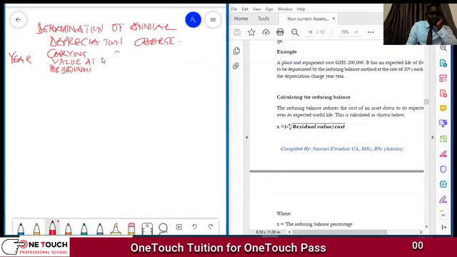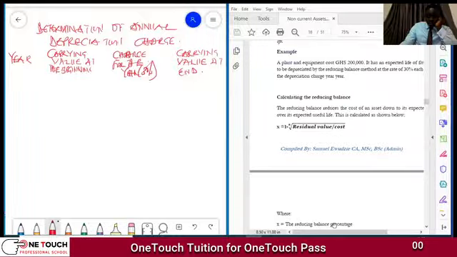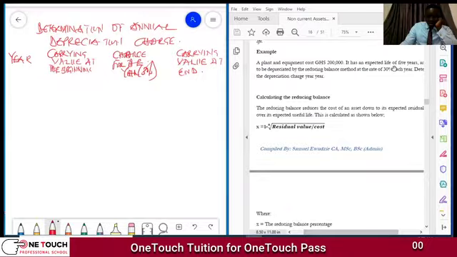We have the charge for the year. We are at a rate of 30%. And you have the carrying value. Carrying value at the end. Say 5 years.